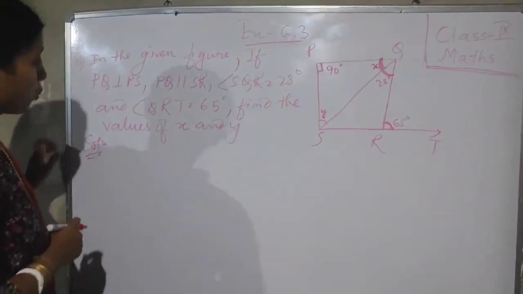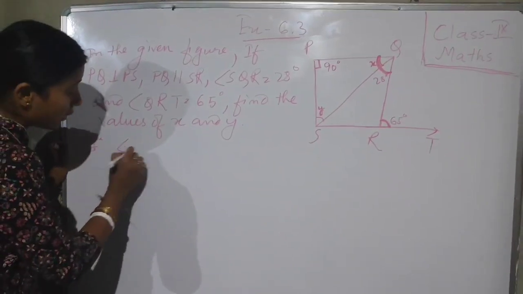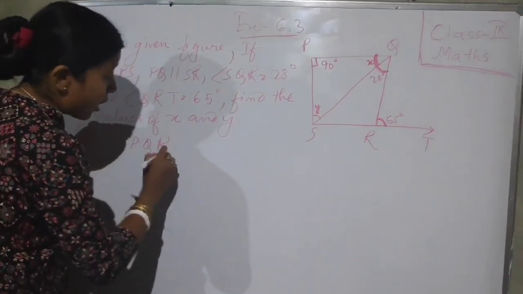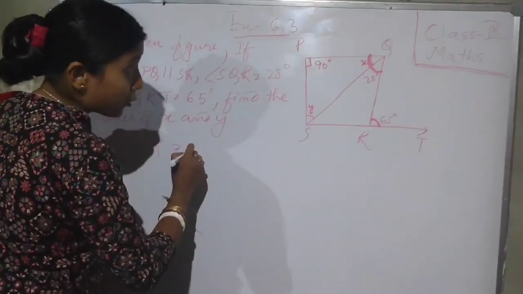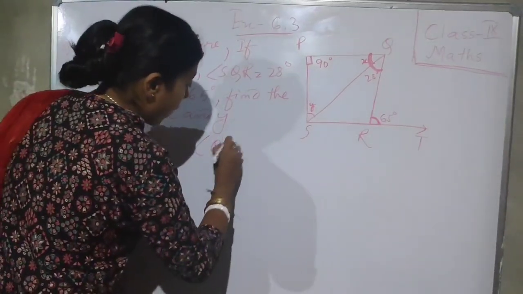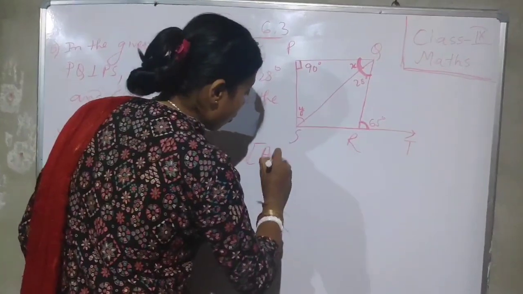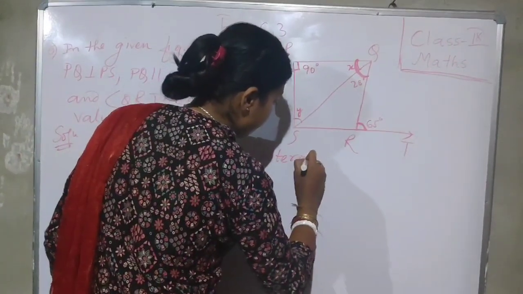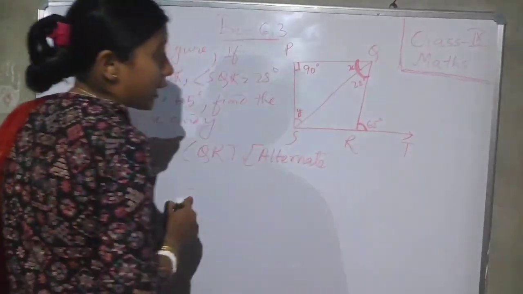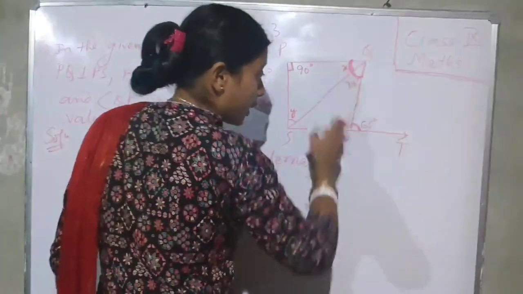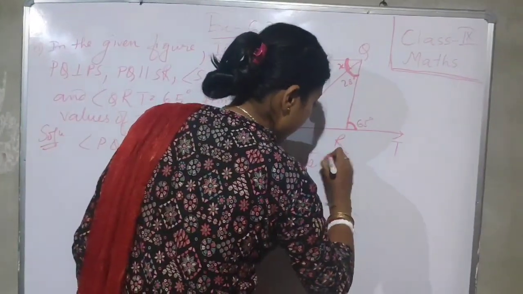So we write: angle PQR equal to angle QRT, alternate interior angles.